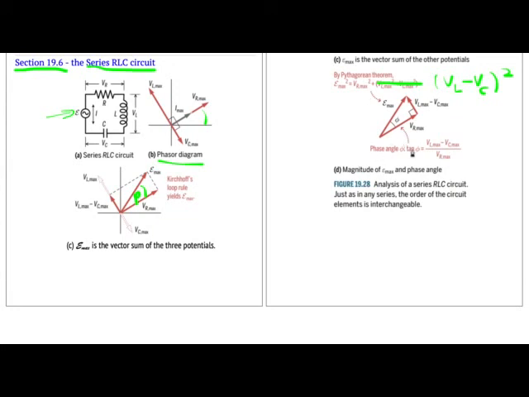And as for the phase angle, phi, just a little bit of trigonometry: the tangent of phi is the opposite divided by the adjacent. The opposite is VL minus VC, the adjacent is VR. So you see, the phasor analysis gives you formulas for Emax and phi.